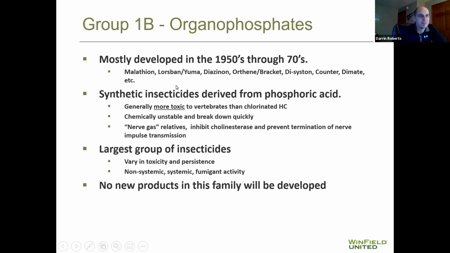So a lot of you have probably been working through, hey, what are our options since the announcement from the EPA, which came out back in August, where they said that 6 months from the release of their statement we wouldn't be able to use chlorpyrifos-containing products anymore.